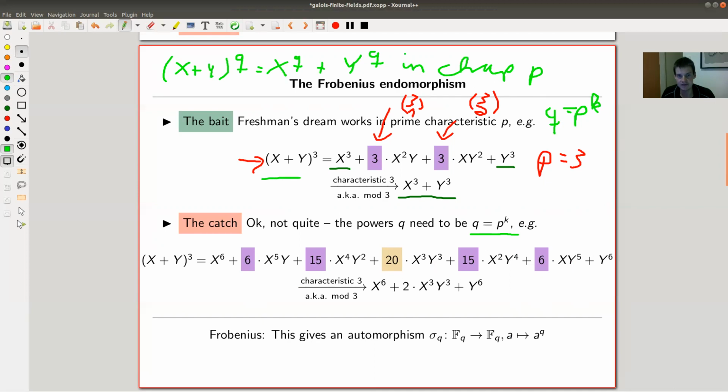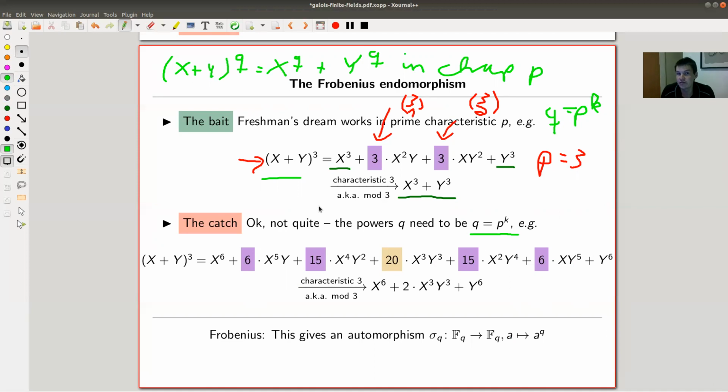In my example here, it was just p equals 3 and k was 1. And that's a funny observation. So Freshman's dream is actually true up to the slight catch that it is only true for prime powers. But still, that's pretty good because this formula is so much easier than the binomial theorem.